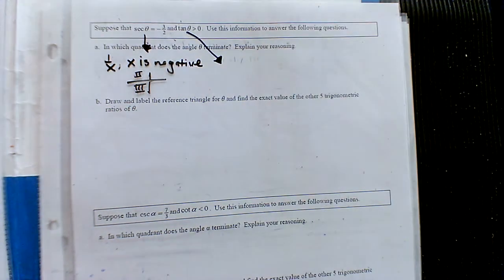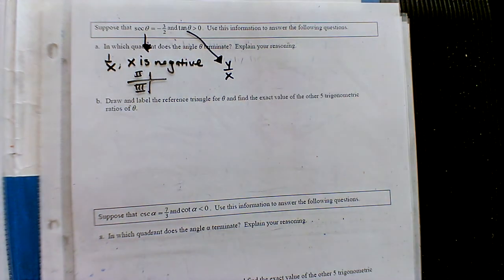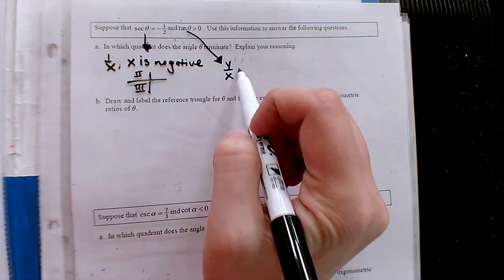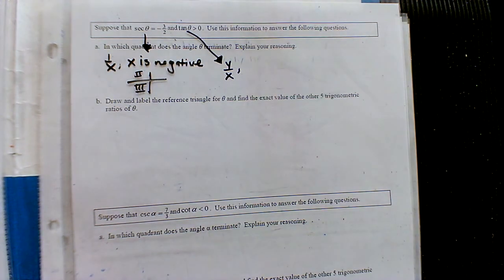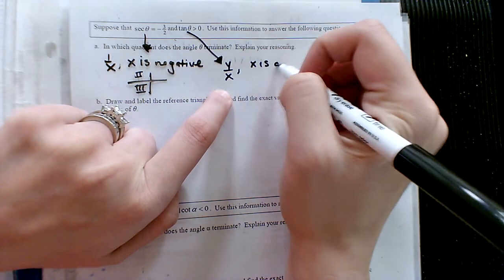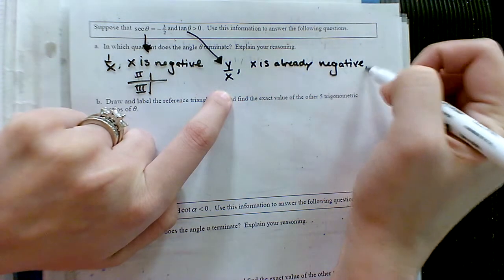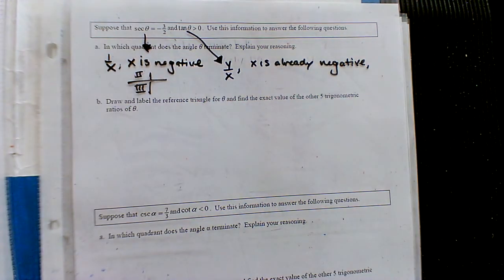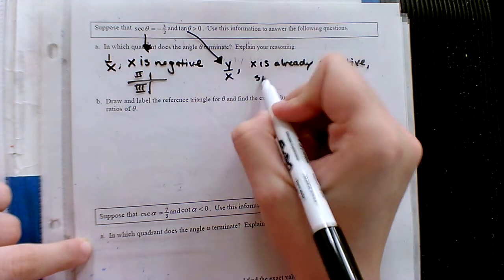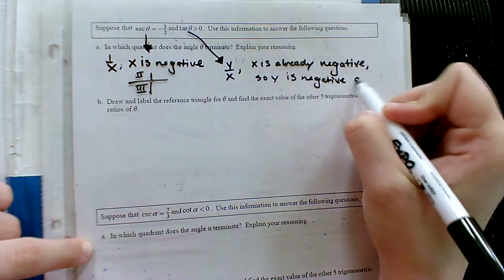Let's check out tangent. Tangent is our y/x relationship on the unit circle using those coordinates. We want tangent to be positive. We already know x is negative, and in order for this fraction to be positive, the y value must be negative as well, because negative divided by negative gives you a positive. So y is negative also.